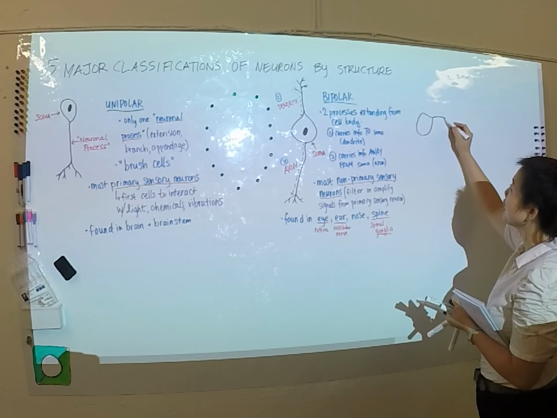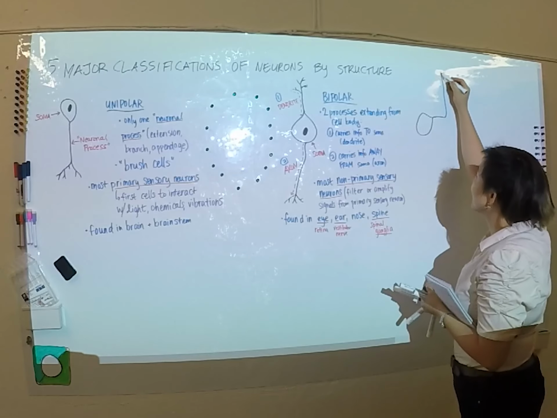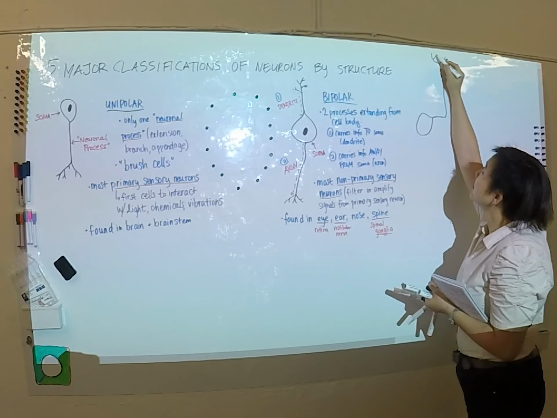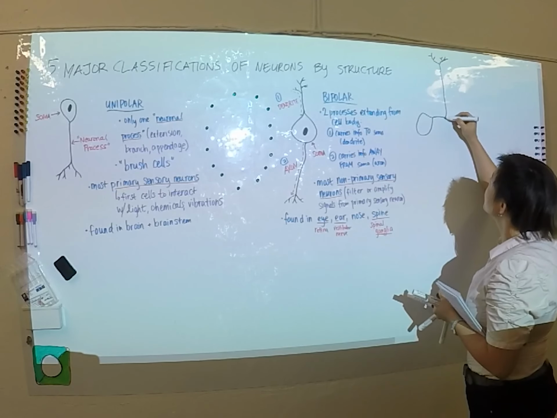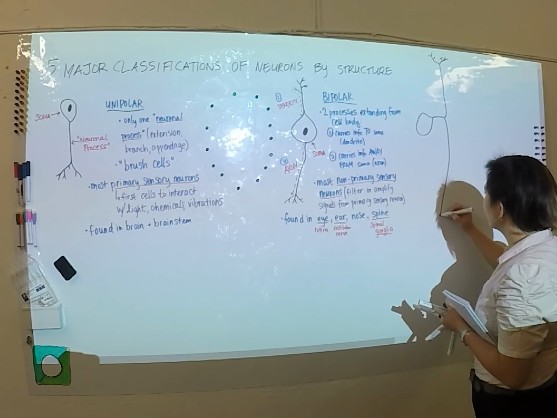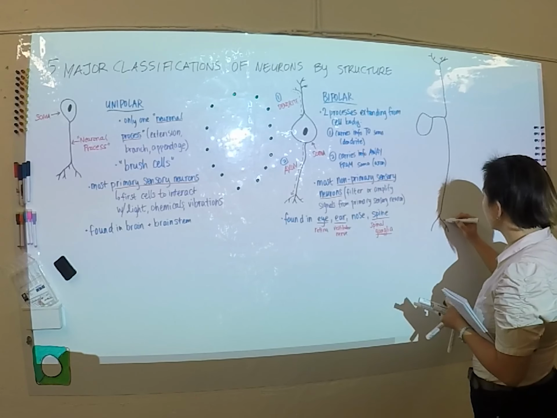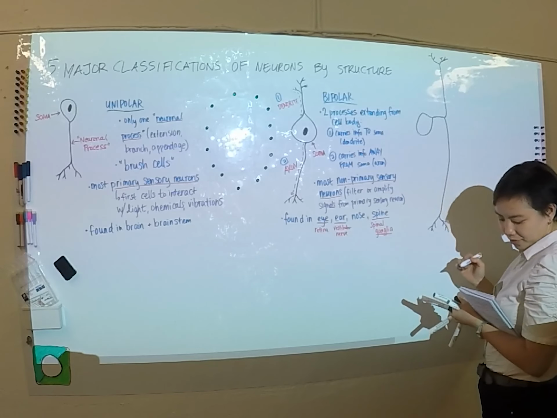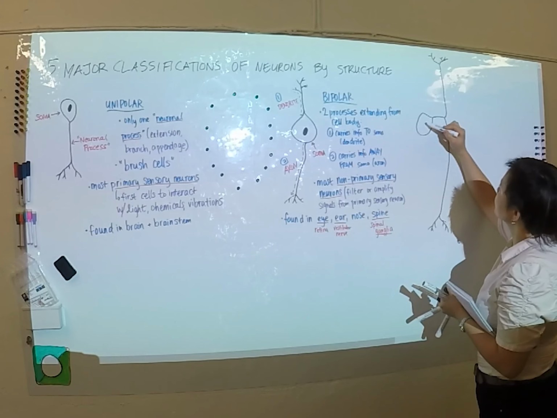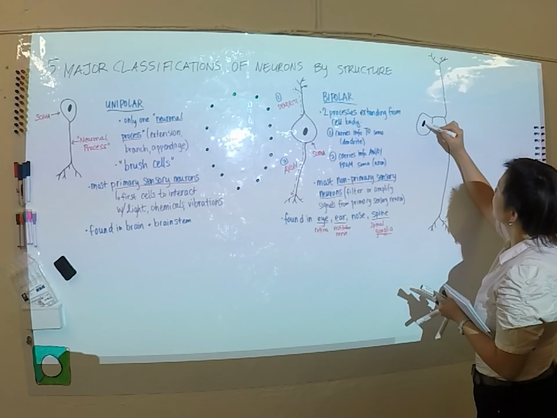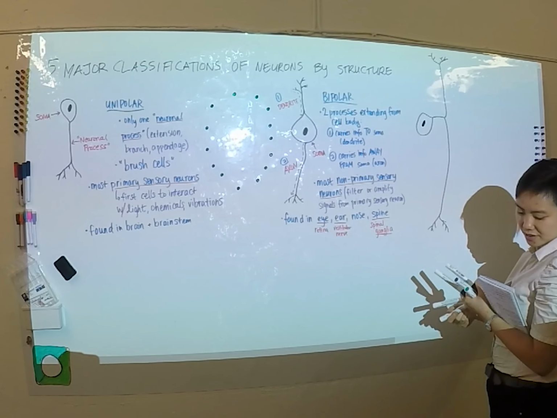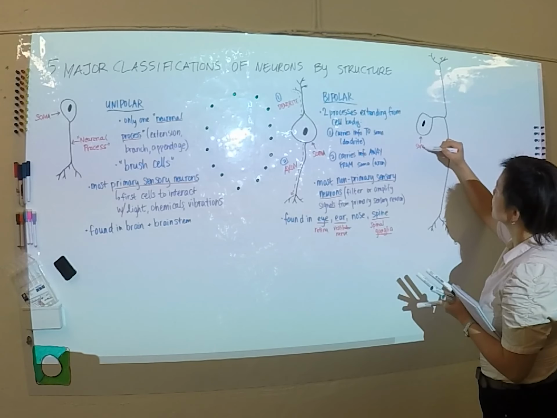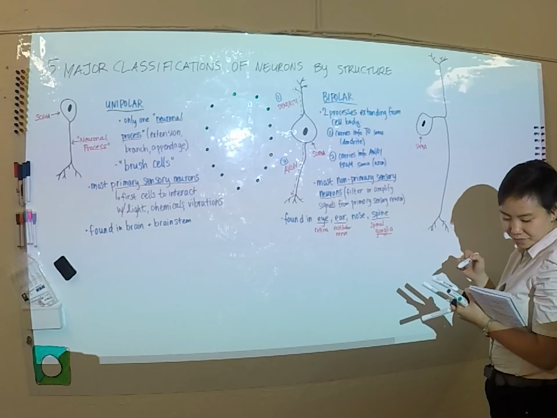It has one branch coming off, but then that branch divides into two branches, okay? All right, so here's our cell body with the nucleus. So this is our soma.